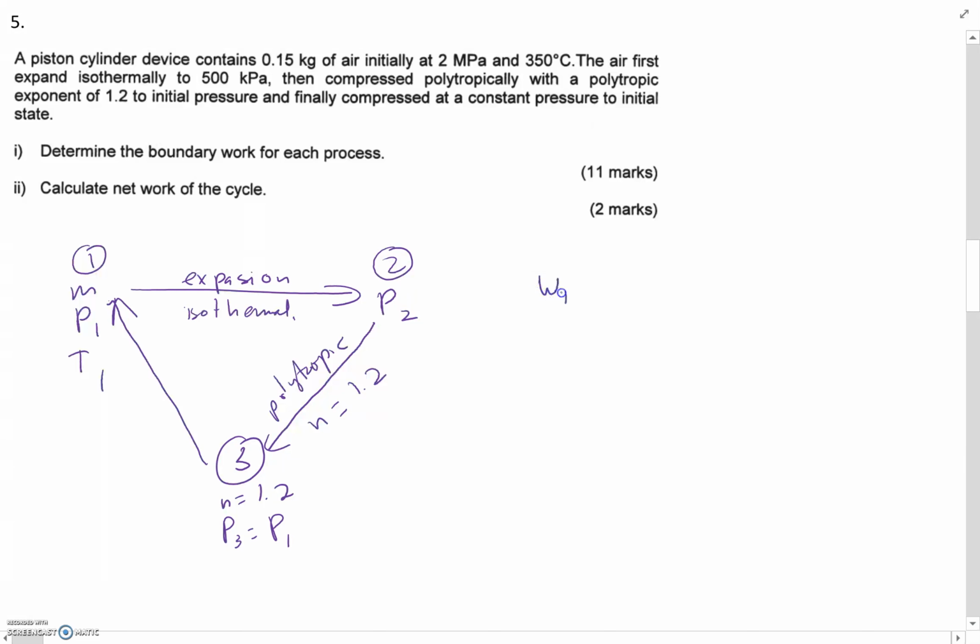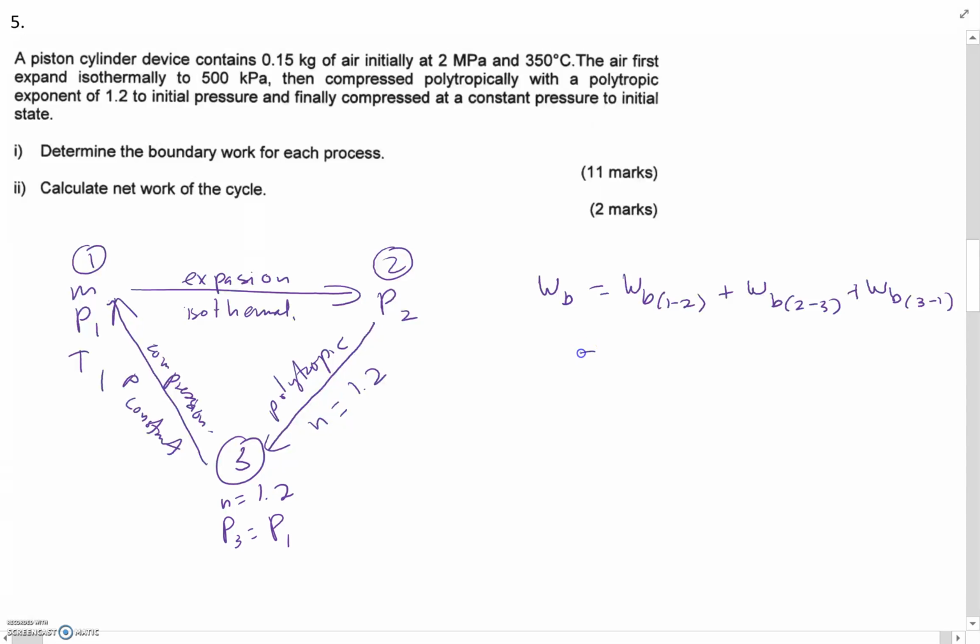Boundary work means work of boundary, and you have 1 to 2, 2 to 3, 3 to 1. Actually this is P constant, this is compression. So your work of boundary is equal to work of boundary 1 to 2 plus work of boundary 2 to 3 plus work of boundary 3 to 1.